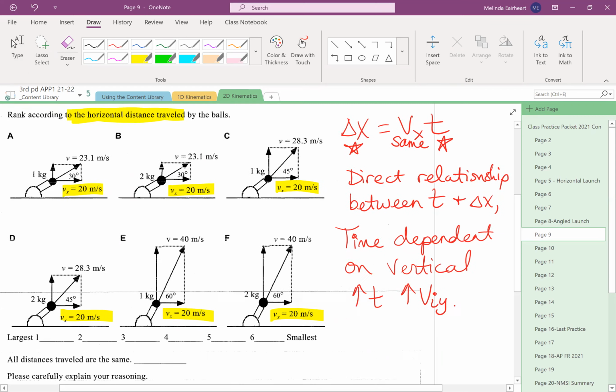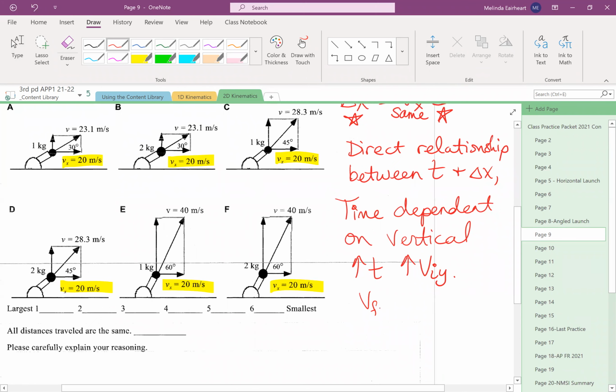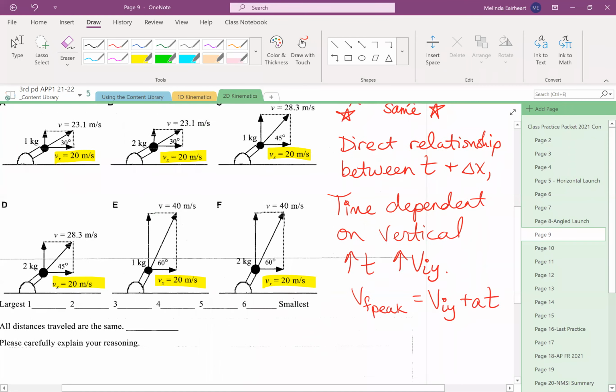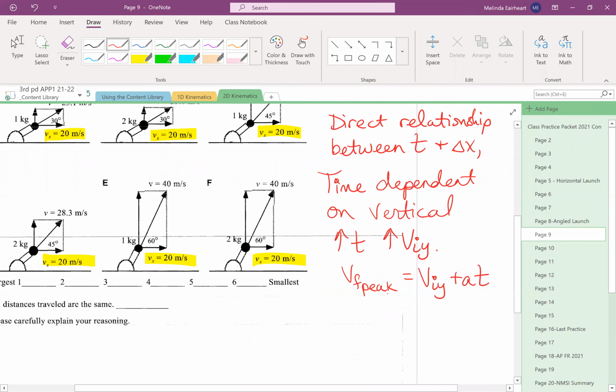And the equation that you could use there is that V final at the peak equals V initial Y plus AT. And so at the peak, vertically, they're all 0. Gravity, all the same acceleration.